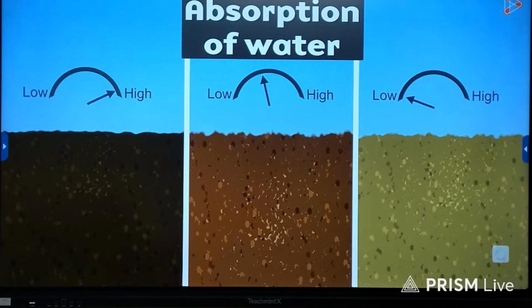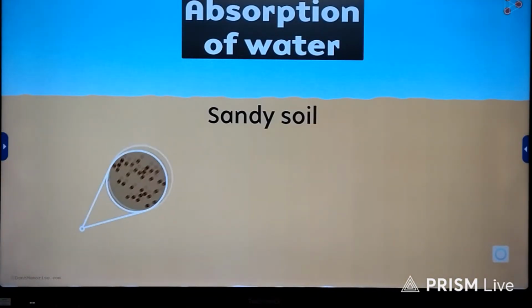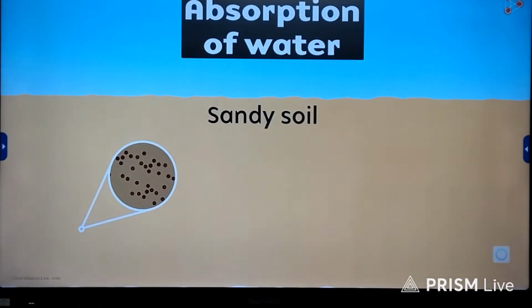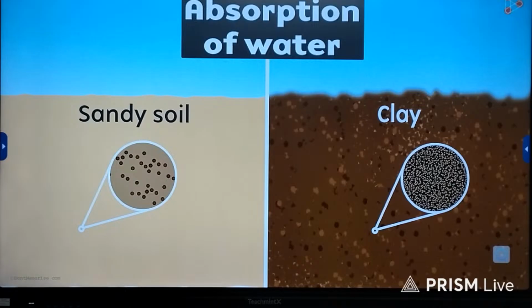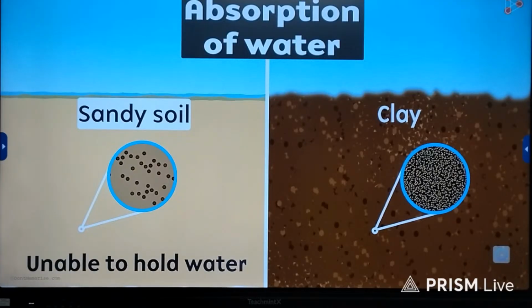We know the reason. The space between the soil particles is different in each type. If I take sandy soil, then the space between the particles of this sample is very large. Similarly, if I take clay, then there is very little space between its particles. These facts give us an idea that the sandy soil cannot hold a lot of water.